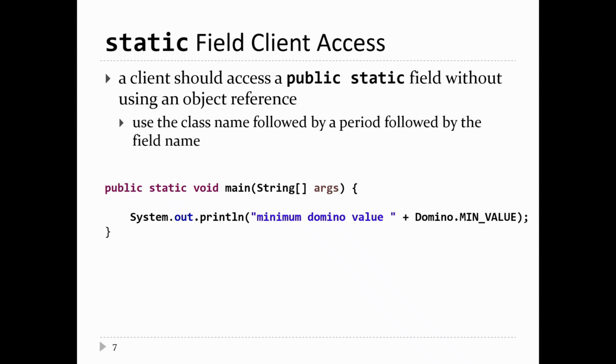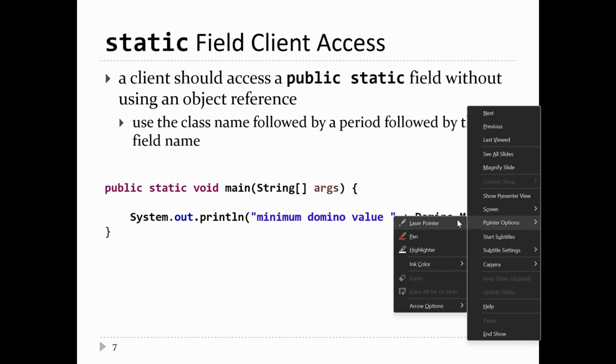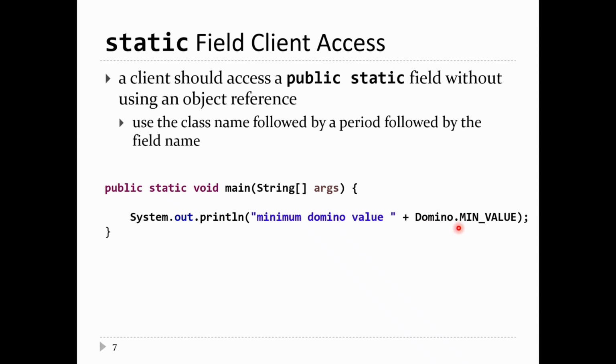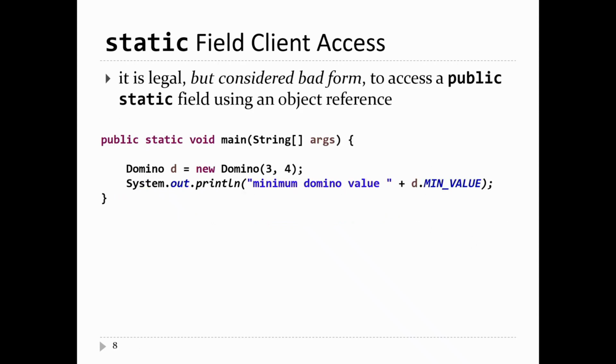So everything I told you previously about static features still applies. If you want to use a static field, you use the name of the class followed by a dot, followed by the name of the field. So if I want to use the value of min value in the domino class, you write Domino.minValue.